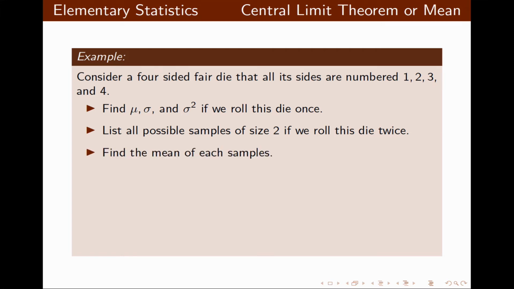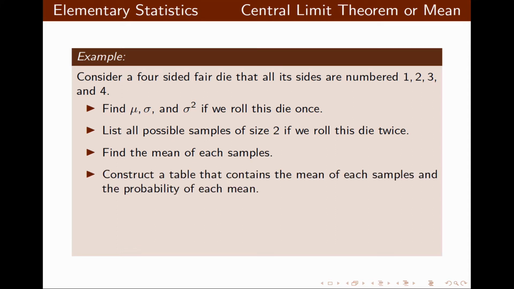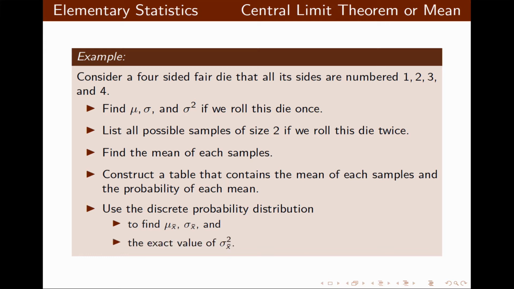Then we're going to find the mean of each sample, and construct a table that contains the mean and the probability of each mean. Then we're going to use discrete probability distribution to find the mean of the means, the standard deviation of the means, and also the exact value of the variance of the means.